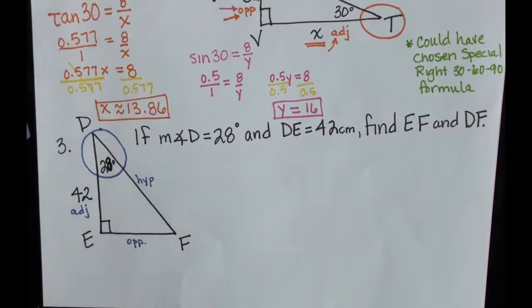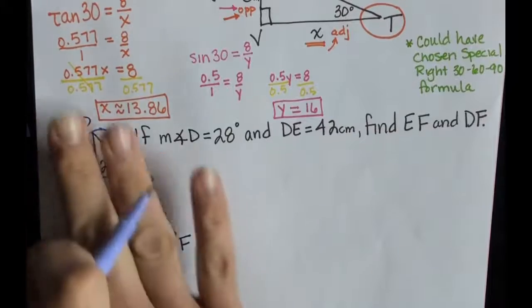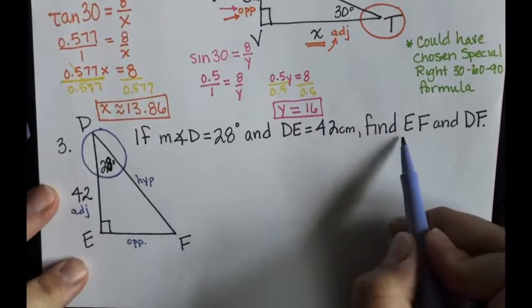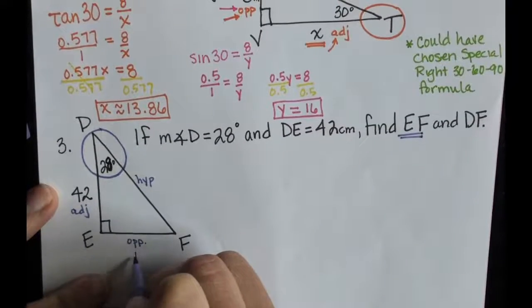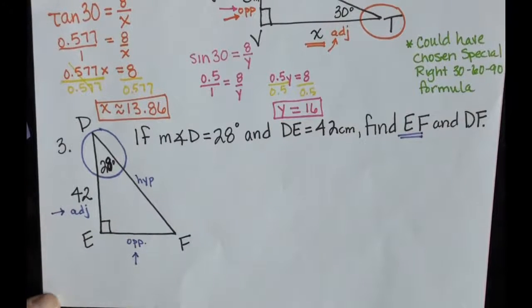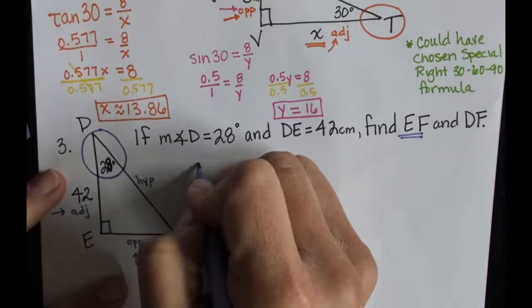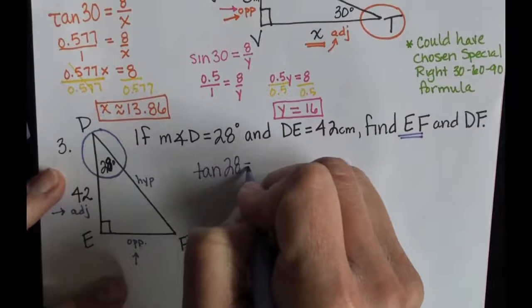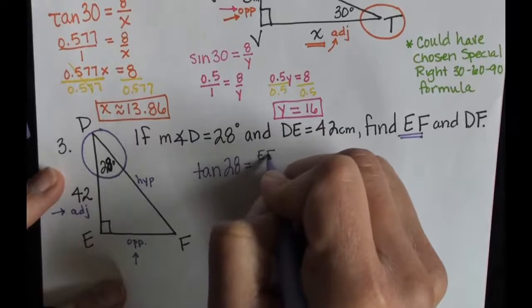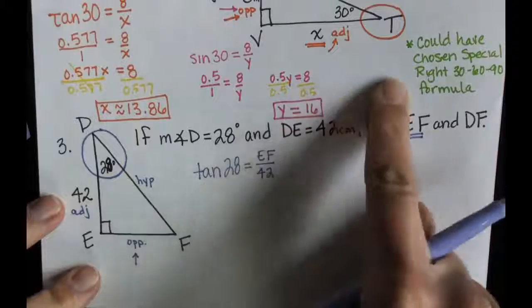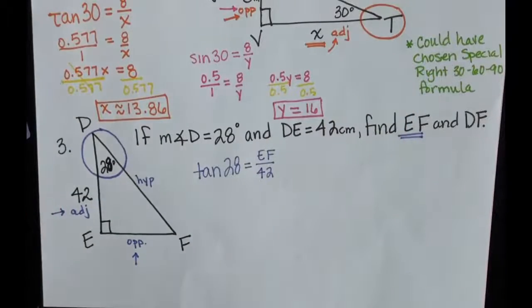This time I'm going to cut back on all of the notes and just write it out. If I want to solve for EF first, that's these two, opposite and adjacent, I'm going to choose tangent of our angle equals opposite over adjacent. So it's the same setup, it just looked a little different.